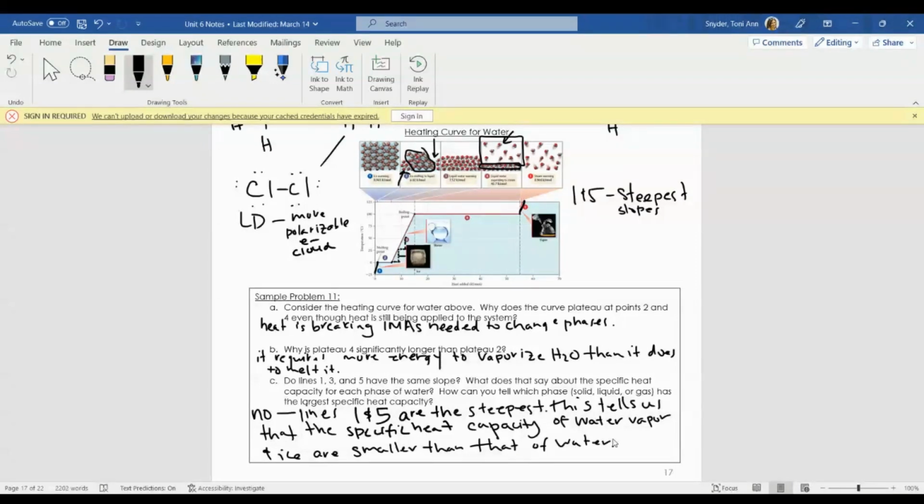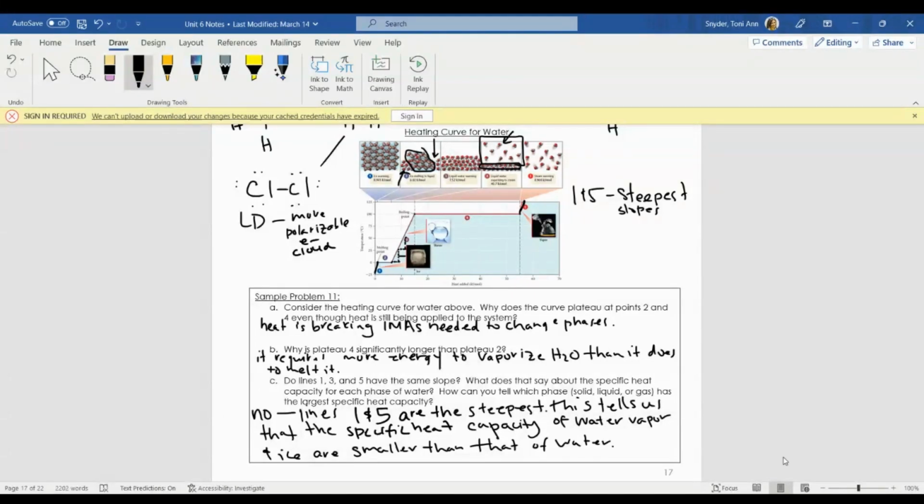So we can compare specific heat capacity by looking at the slope of the lines. It takes more energy to raise the temperature of liquid water than it does for ice and water vapor, which means the specific heat capacity must also be higher.